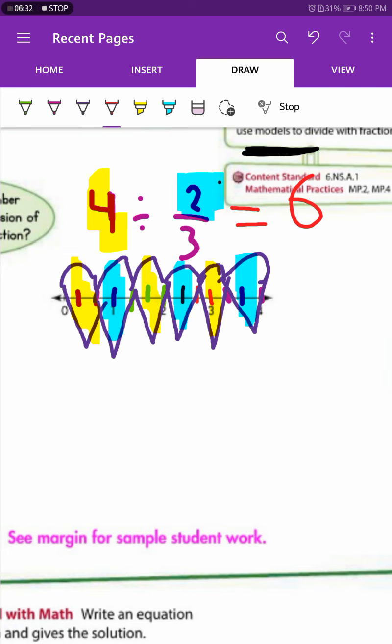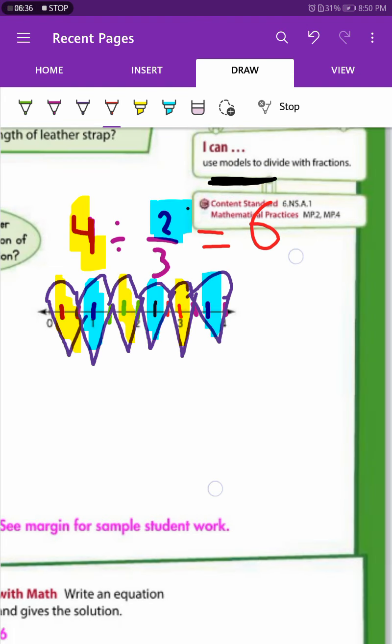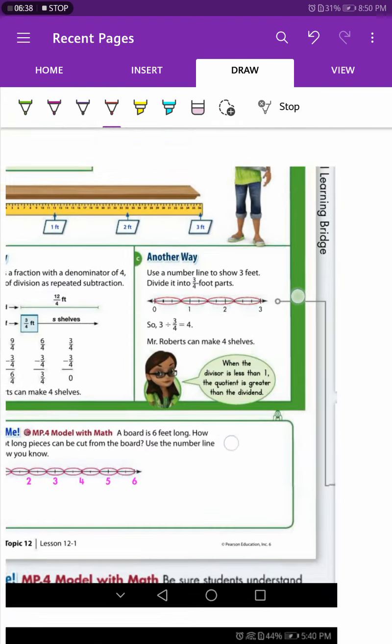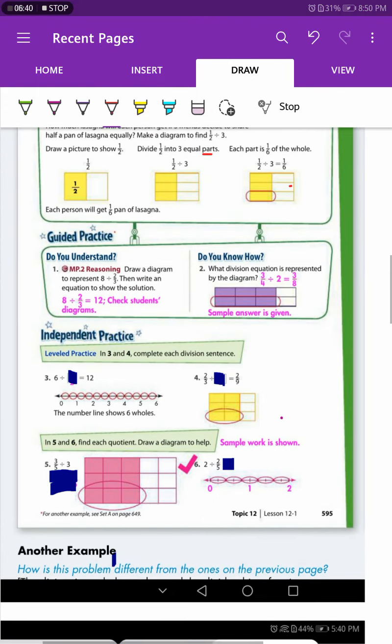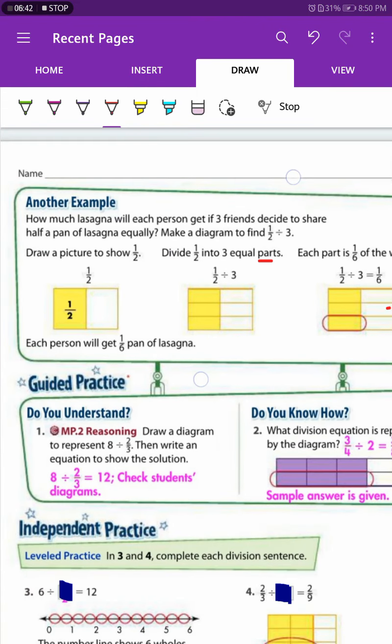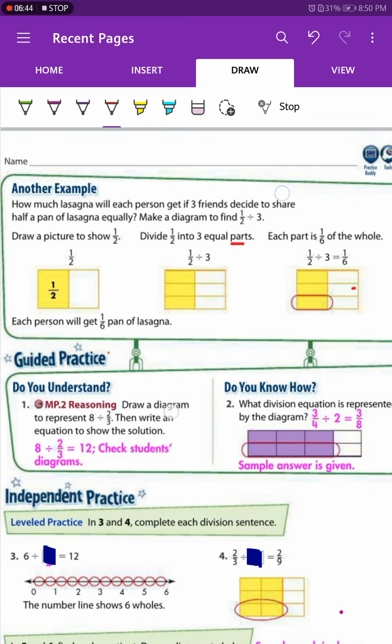Now, what if we divide a fraction by a whole number? Let us take this example. How much lasagna will each person get if 3 friends decide to share half a pan of lasagna equally?